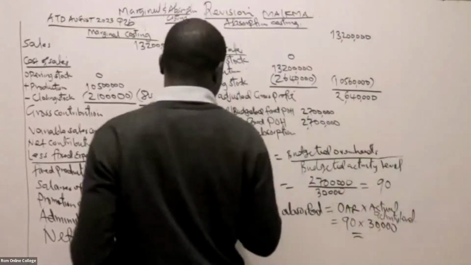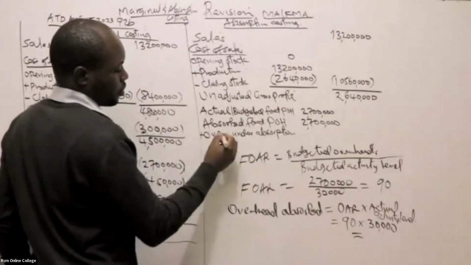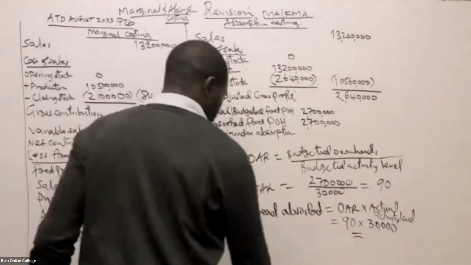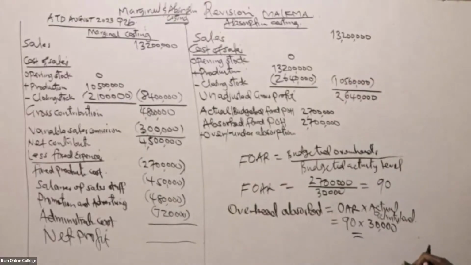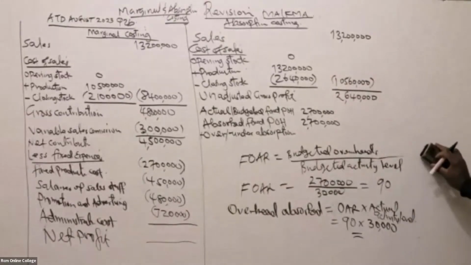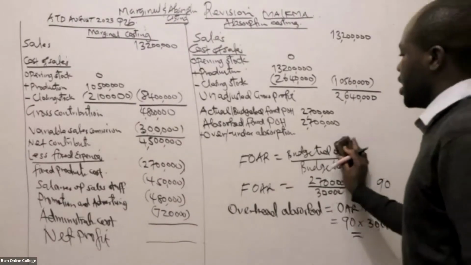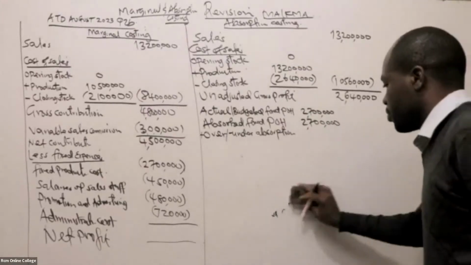So you can talk about add or less under absorption. I hope that will make sense to somebody. And if it is not making sense, please visit the last part of topic number 4.